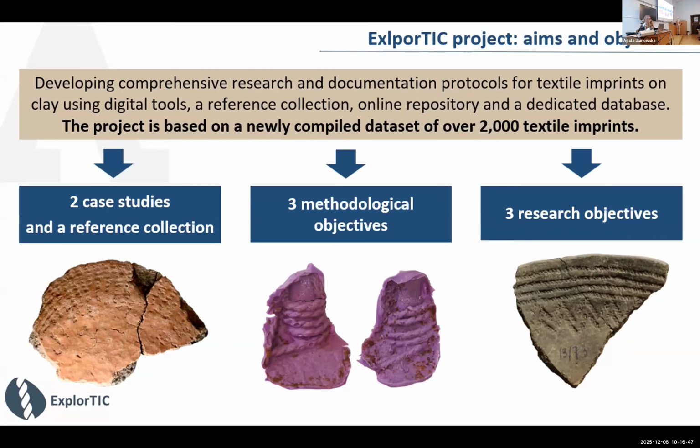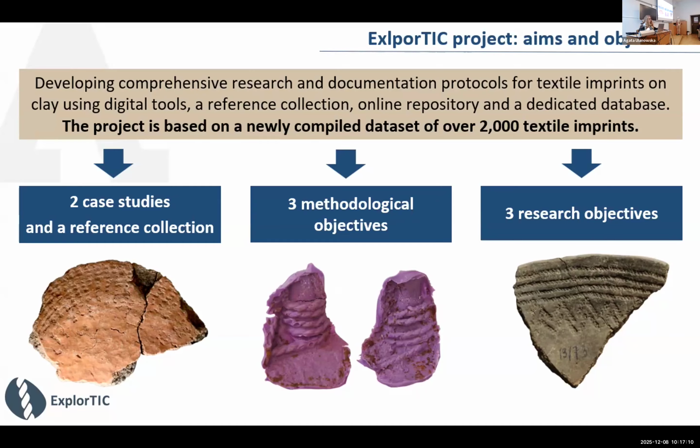We hope for over 2,000 textile imprints. Whether we reach this number is still an open question. But what we have documented by now is about 1,000 imprints, so it's already quite an impressive number. However, part of this has been documented by my previous project, which was called Textiles and Seals.